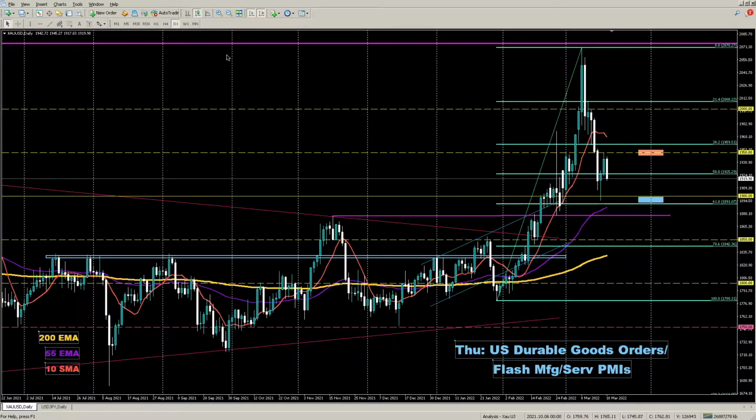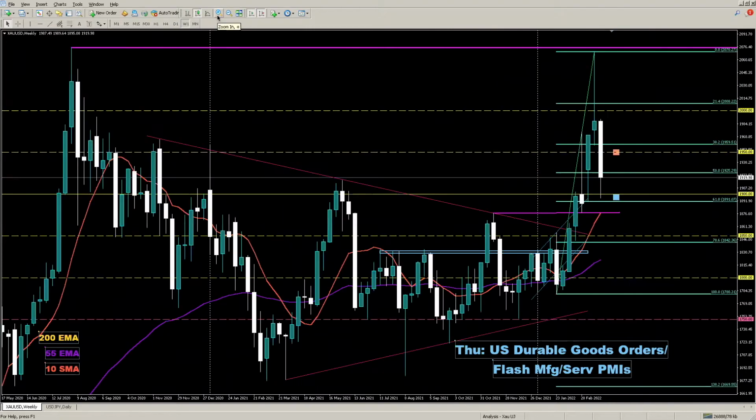Let's take a look on the weekly time frame. This very long upper wick here continued the bearish sentiment last week and is driving down lower here. If there's still a bit more bearish momentum, that could drive it down even lower. Let's see if that's possible for next week.